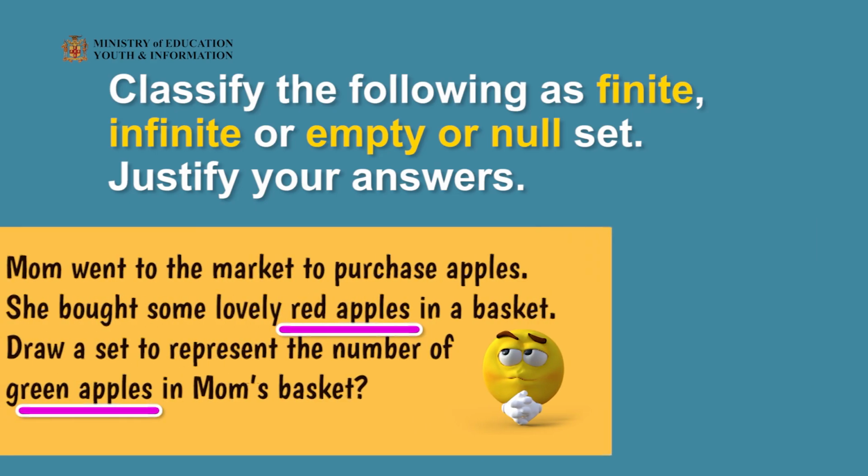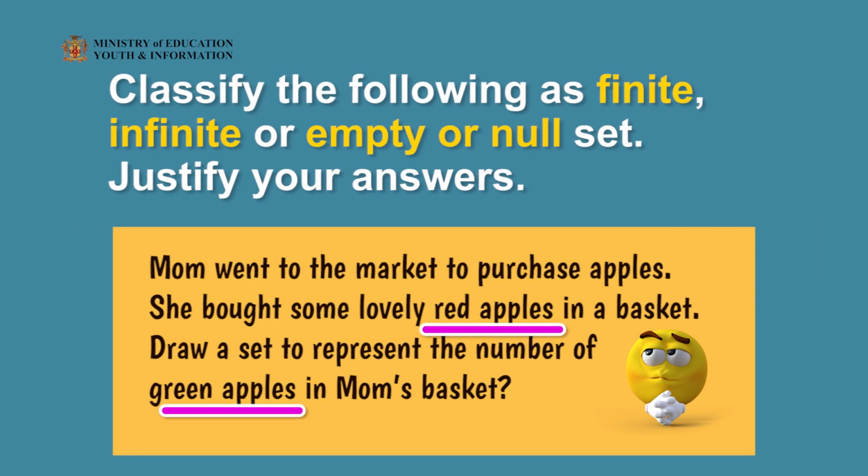Thirdly, your teacher gave you this scenario. Mom went to the market to purchase apples. She bought some lovely red apples in a basket. Draw a set to represent the number of green apples in Mom's basket.